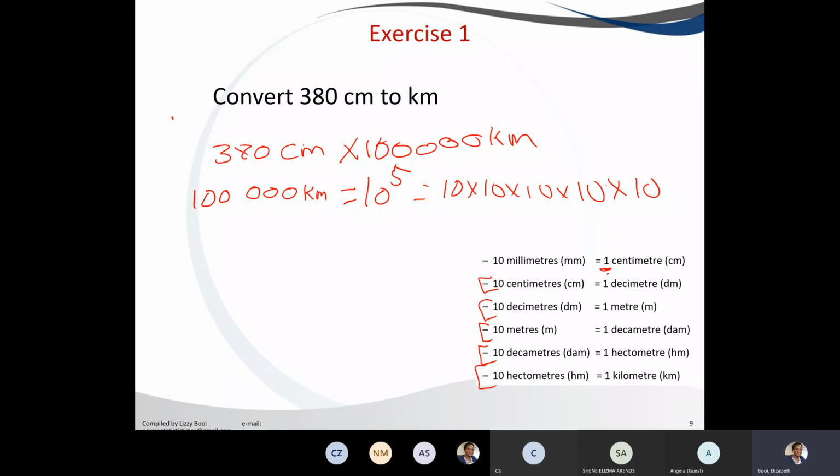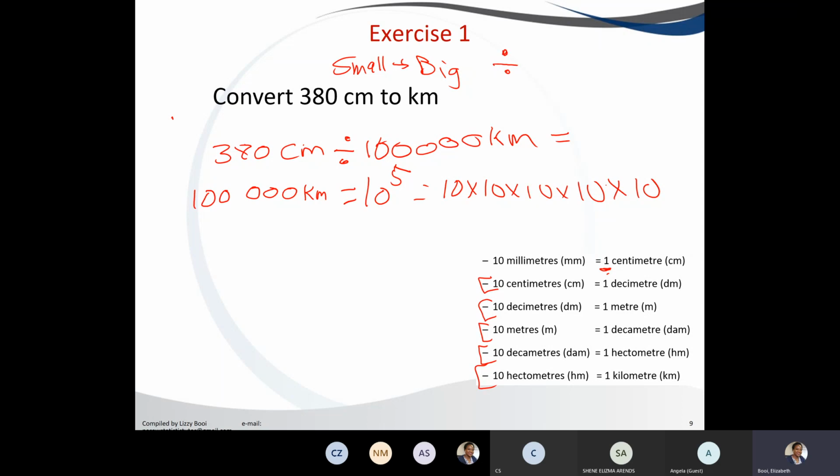And how much will that be? But also, the other thing you need to remember, we're moving from a smaller to a bigger unit. When we move from small to big, we divide.